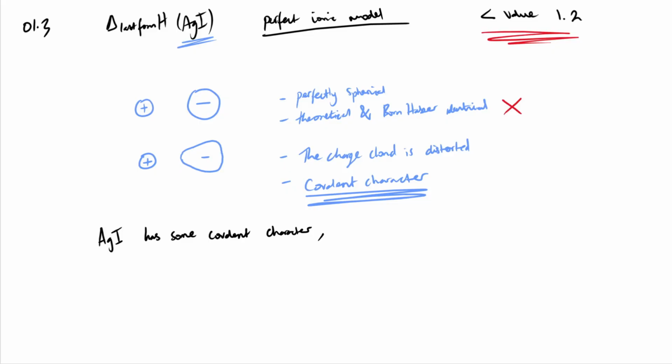But what does this mean? This means that the bonds holding the lattice together are going to be stronger. Okay, so it's got the ionic activity and it's got covalent activity on top, so it's going to be stronger.